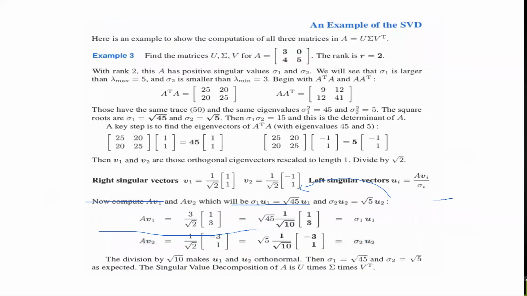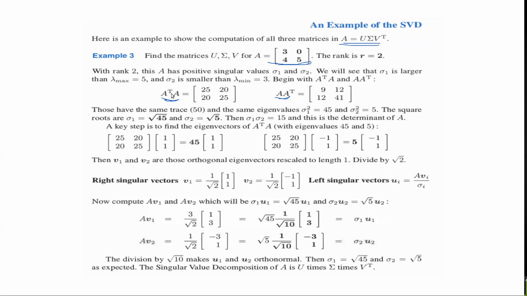So this is an example of an SVD. Let's say we have A, and we're trying to decompose A into U sigma V transpose. A is given by this square matrix. Or for any matrix, what you do is form the square matrices, again A transpose A and A A transpose.